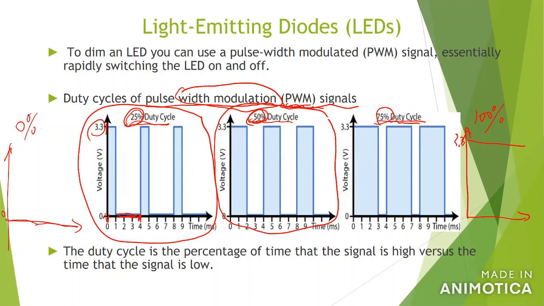A PWM signal is very useful. There are several pins on the GPIO of the Raspberry Pi that produce a PWM signal. By using a program, you can adjust the duty cycle to produce different PWM signals. Then you can use these PWM signals either to dim LED lights or to change the motor speed. You can use a PWM signal to drive a motor, and use different duty cycles to change the motor speed.